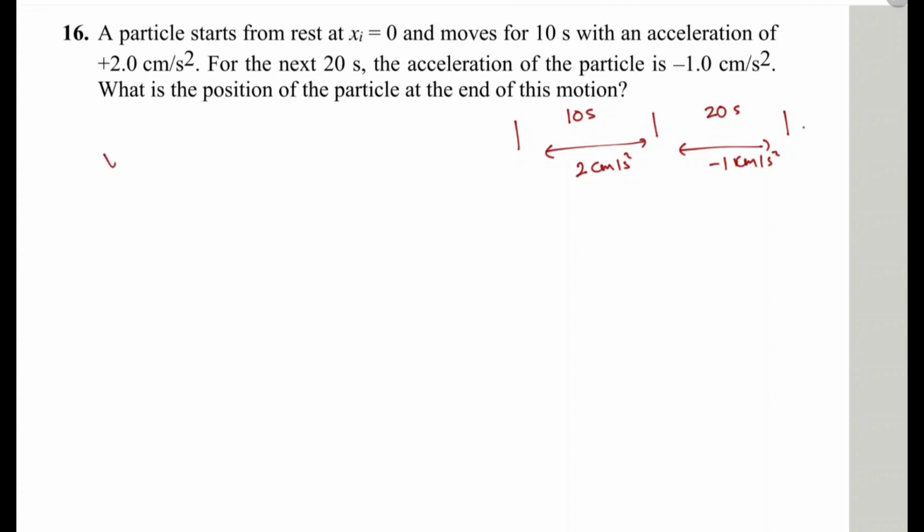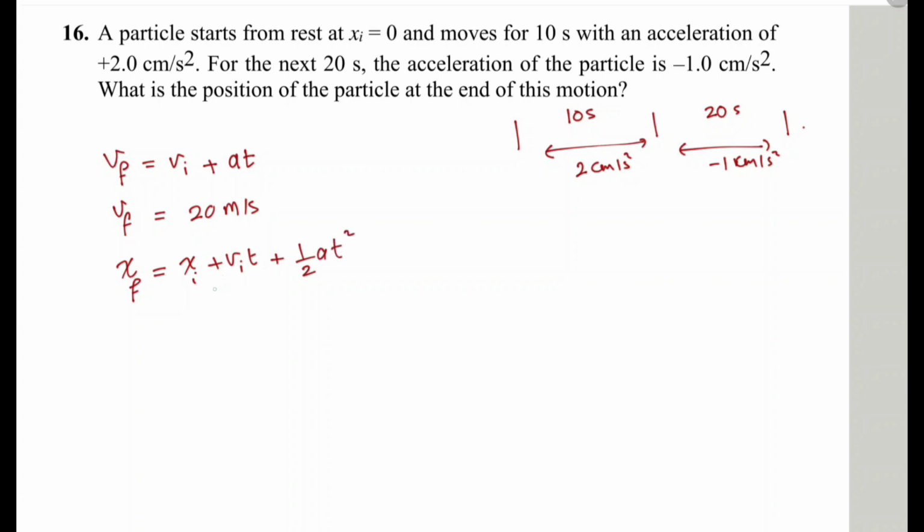Now V final equal to V initial plus AT, and V final in this case is equal to 20 meters per second, because A is equal to 2 and T equal to 10. So X final equal to X initial plus V initial T plus half A T square.